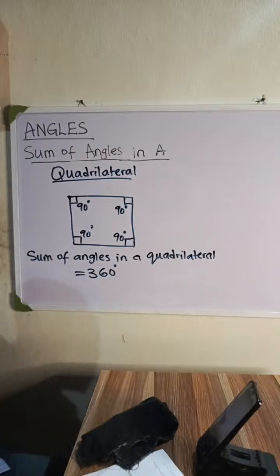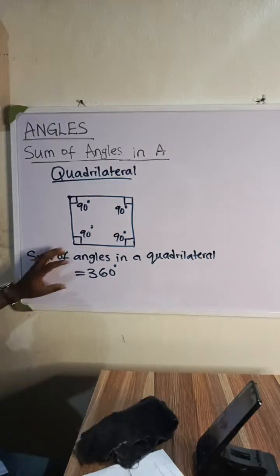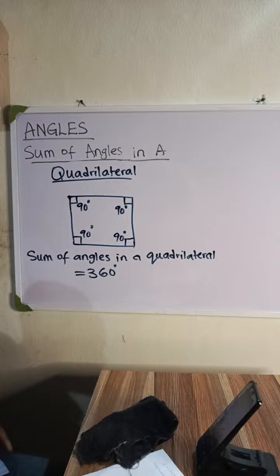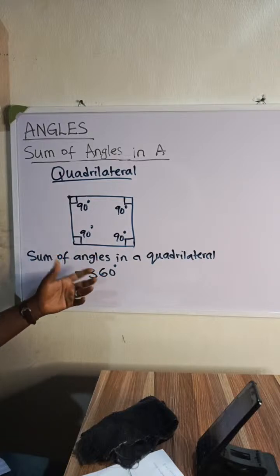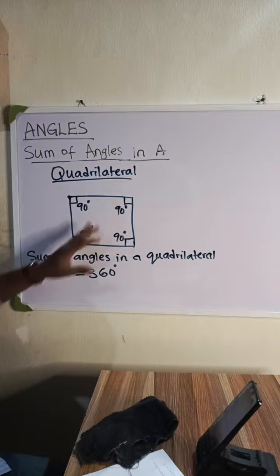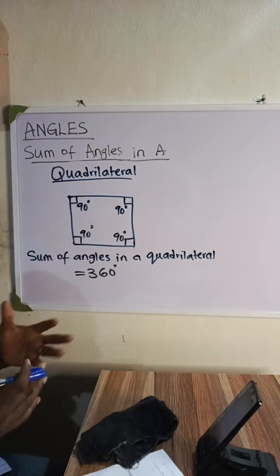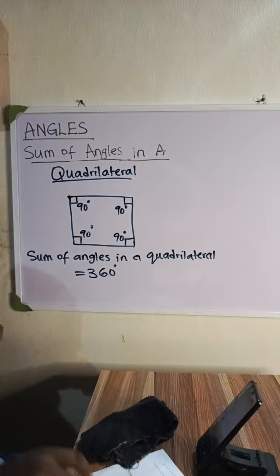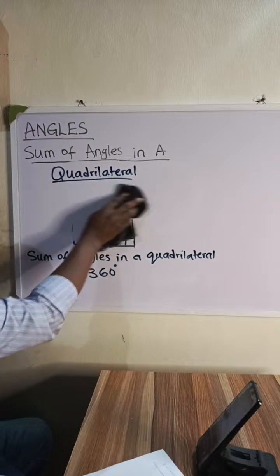So no matter what the shape of the quadrilateral is, the sum of angles in that quadrilateral is equal to 360 degrees. We've used this square to prove that the sum of angles in a quadrilateral is equal to 360 degrees. So let's look at an example.